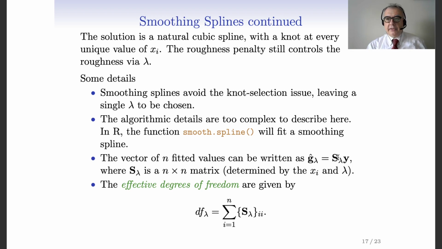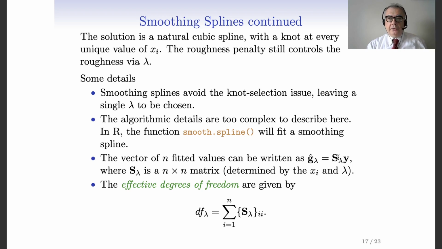I cannot answer, because if you give me a value of lambda, it is not normalized, so it is really very difficult. It depends on the measurement units, on the problem, on specific features of the problem. So the lambda is not a meaningful measure of the regularity and of the flexibility of the model.